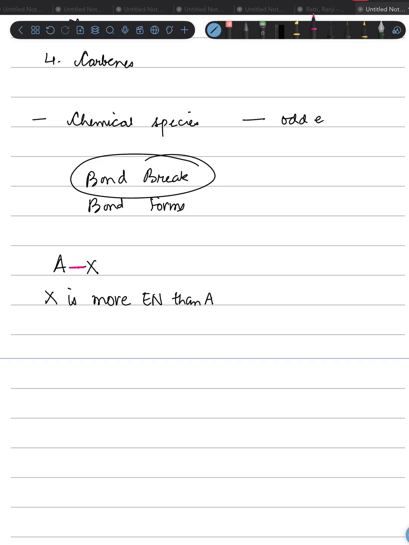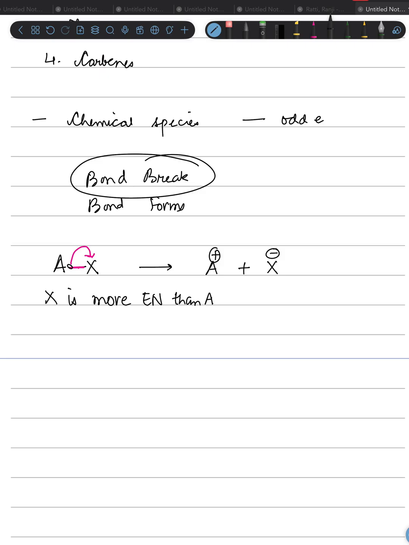So X is more electronegative, so it withdraws both the electrons towards itself. And what we get is A positive and X negative. Why? Because the electron which belonged to A is now taken by X. So A has actually lost an electron while X has taken that electron because of its high electronegativity.